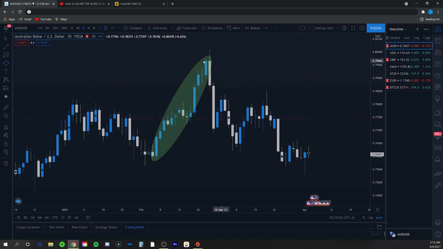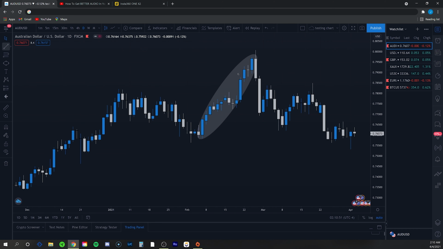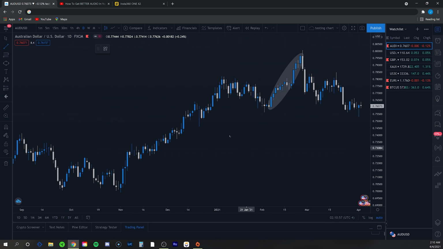So this whole area, right? Let's just make this more visible. Yeah, that looks fine. So in this area, this is basically from a downtrend to an uptrend, this whole area right in here.